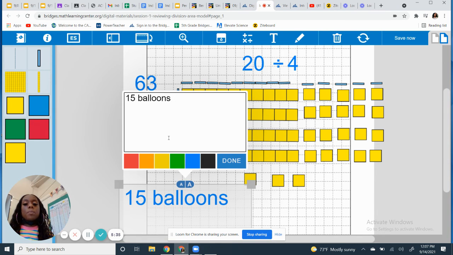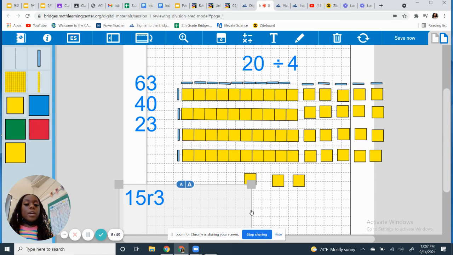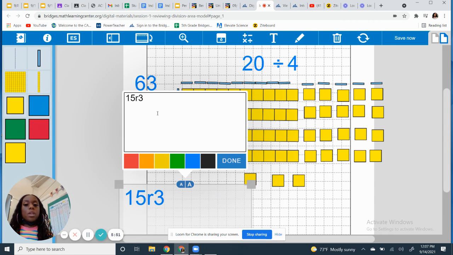So for this problem, the answer is 15, remainder 3 for this problem. And this is how you would write the answer. The equation is this: 63.